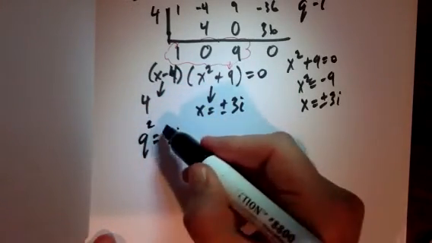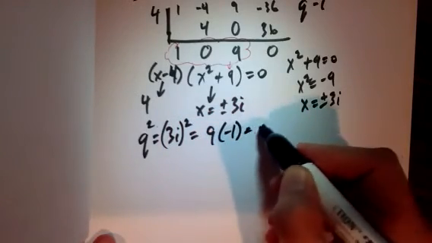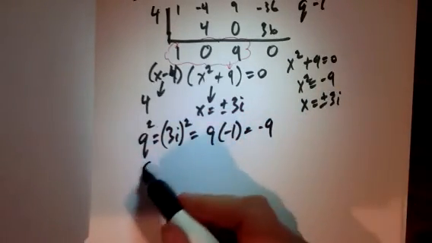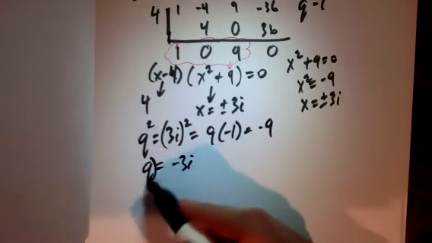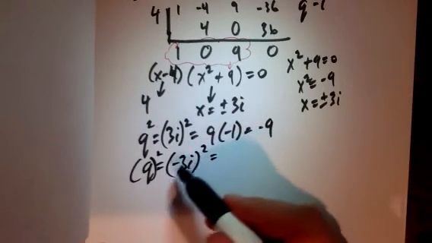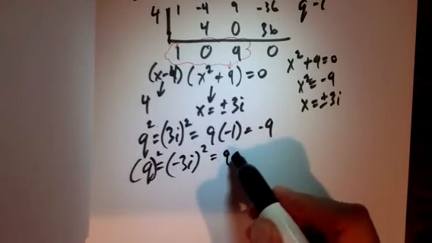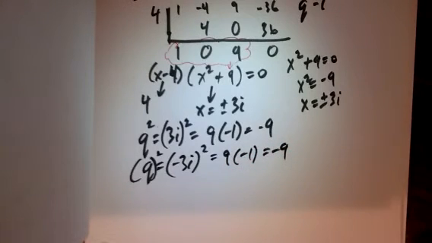So q squared equals 9 times negative 1, or negative 9. What if q was negative 3i? Squaring both sides here, that's q squared. Negative 3 times negative 3 is positive 9. i squared is negative 1. So you still get negative 9. So q squared is negative 9.